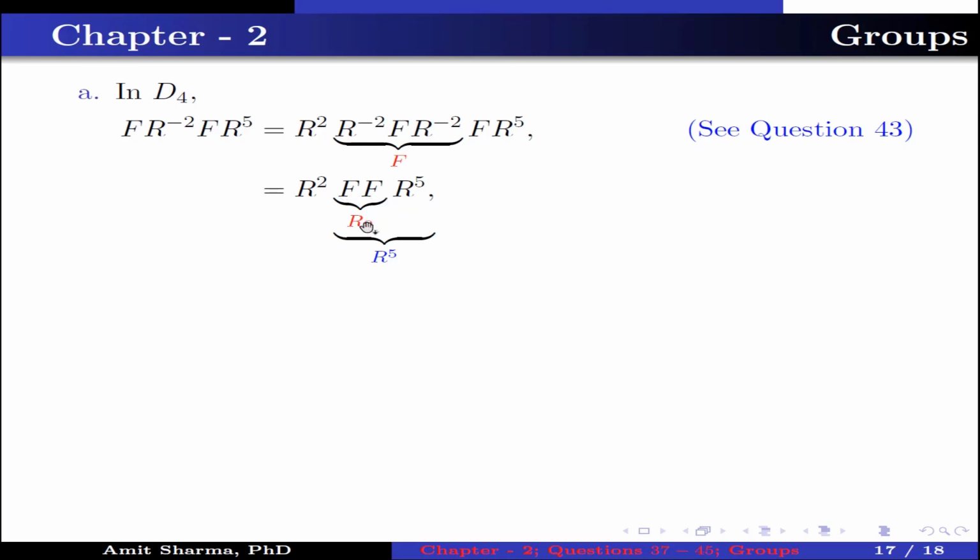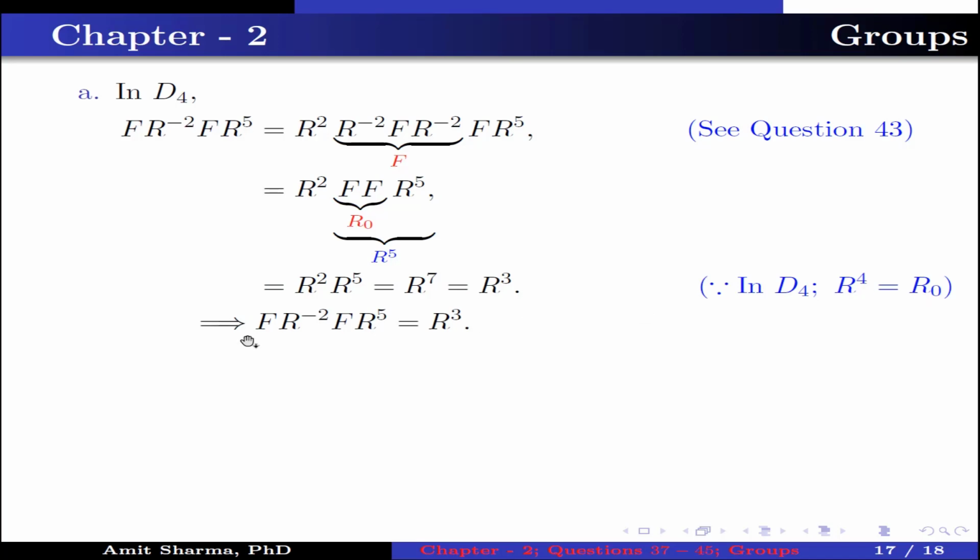Now F into F is written as R naught. Why is it so? Because F is a reflection, which is a self-invertible element, and R naught into R5 is equal to R5, which is further written as R square into R5, which is further written as R to the power 7, which is further written as R cube. Why is it so? Because in D4, R4 is equal to R naught. This implies F R minus 2 F R5 is equal to R cube.